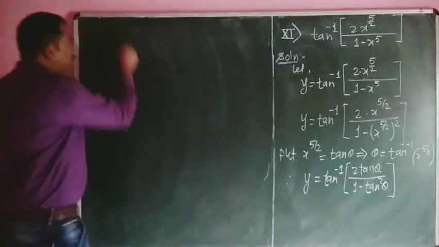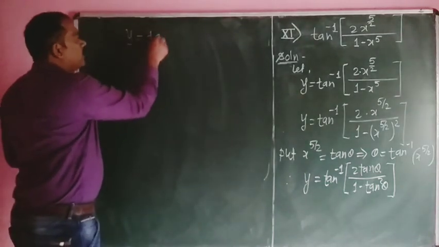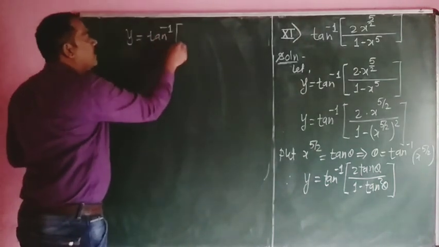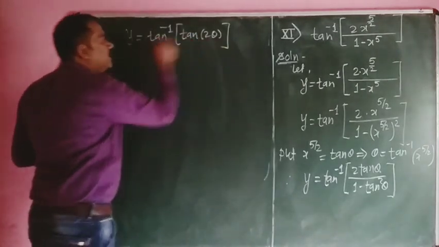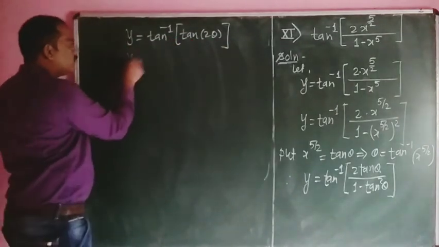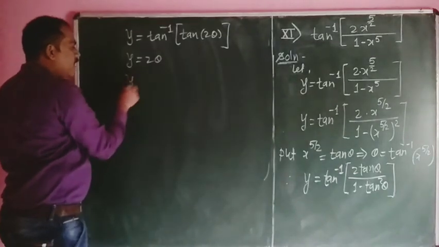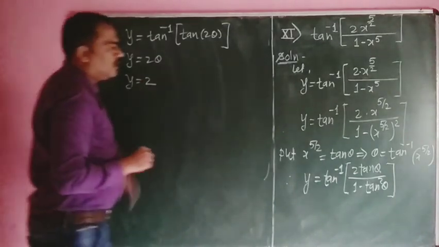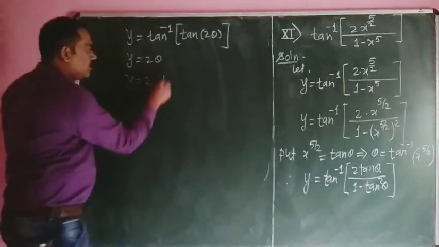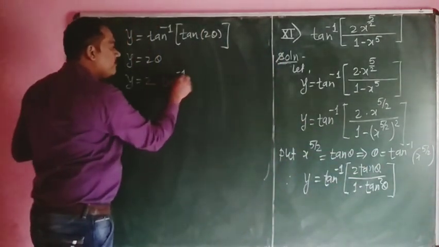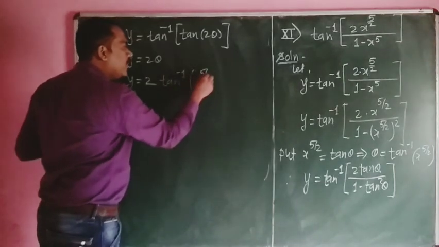So y is equal to tan inverse of tan of 2 theta. Tan inverse and tan get cancelled, so y is equal to 2 theta, that is y is equal to 2 times tan inverse of x raised to 5 by 2.